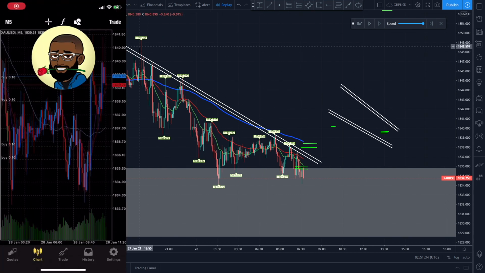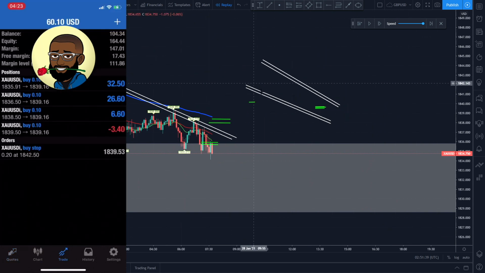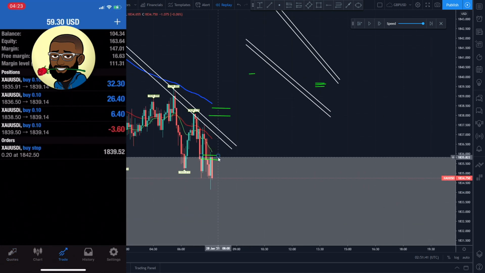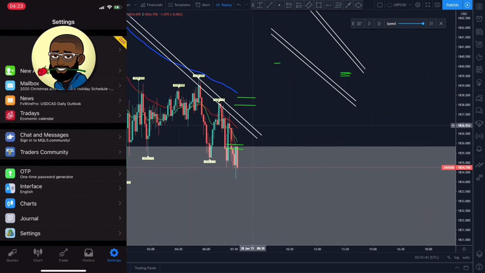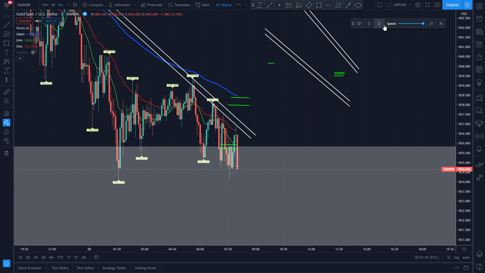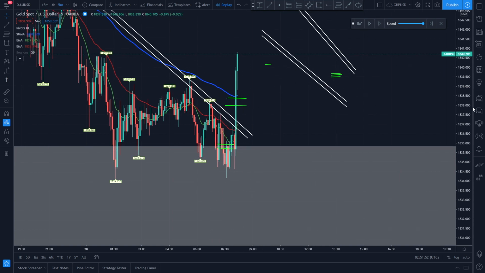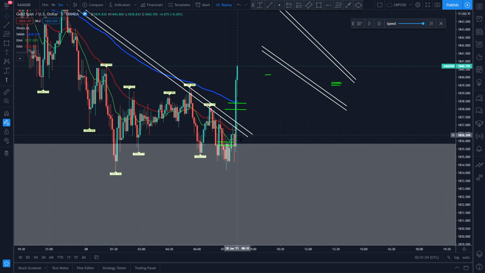So I went ahead and actually got a snack. I was eating some fruits or whatever, and I bought the market here at the support. I wasn't currently looking at the market, and then this happened. I still wasn't looking at my phone yet, but my buy stops did get triggered in.